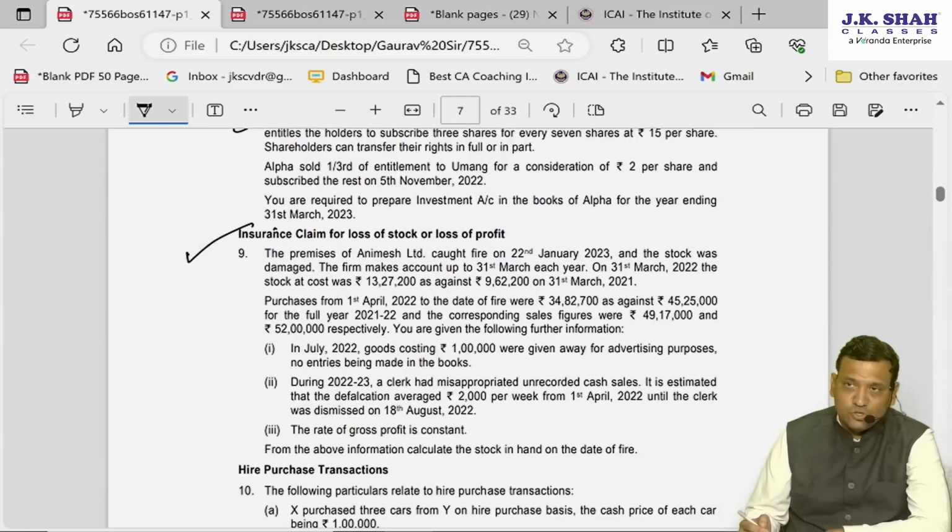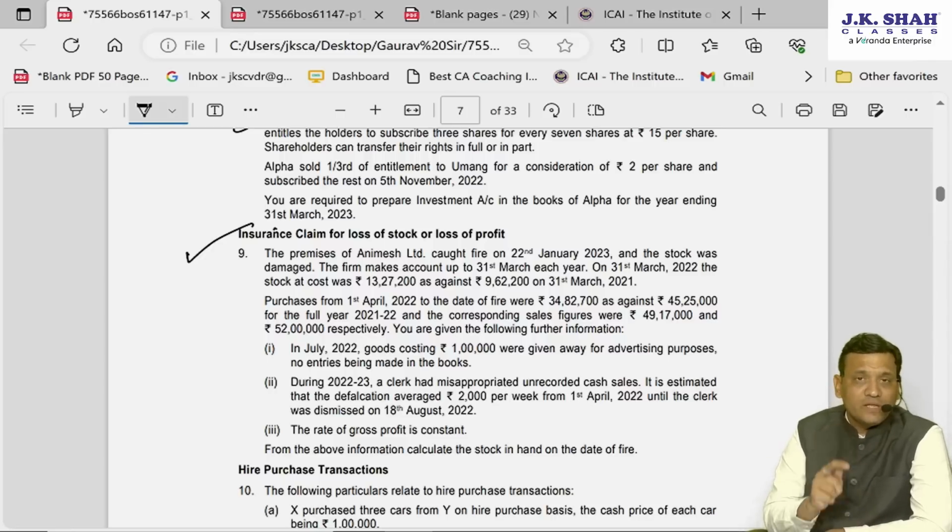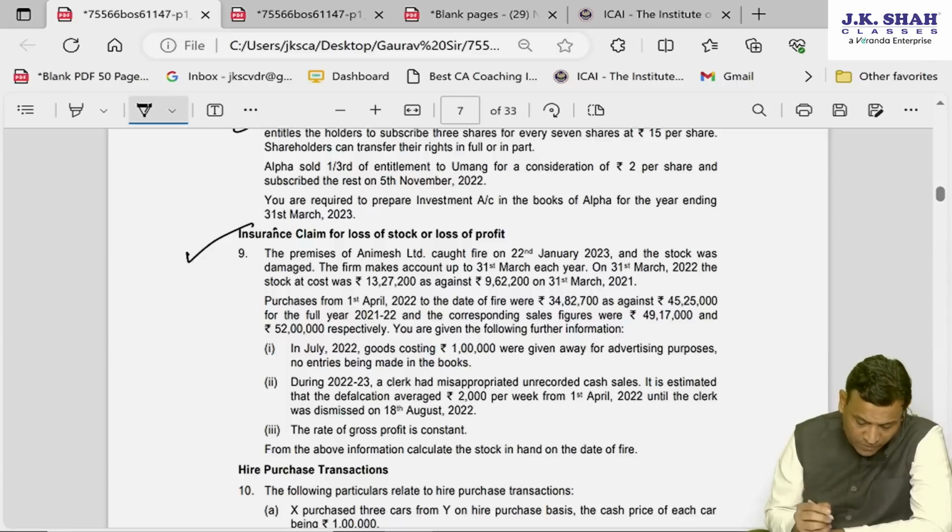First, friends, what we should do, we should prepare a memorandum trading account. From the memorandum trading account, we will get gross profit. From that, we will get gross profit percentage. So for preparing the memorandum trading account, can I say last year figures are required? Last year figures were 45,25 purchases, and the sales figures are 52 lakhs.